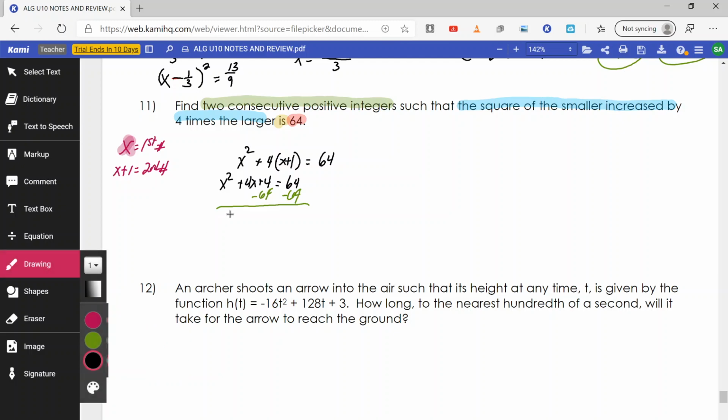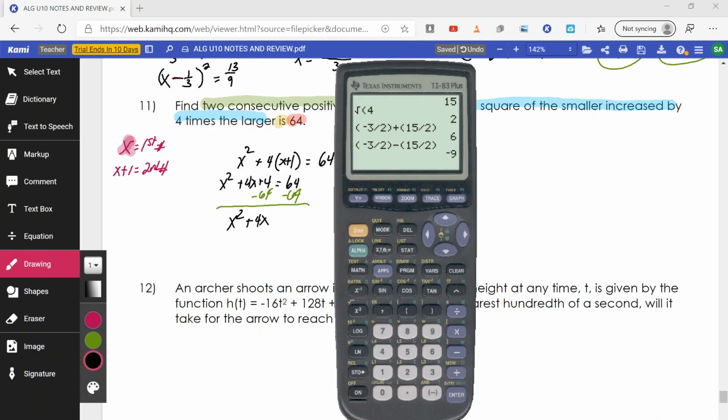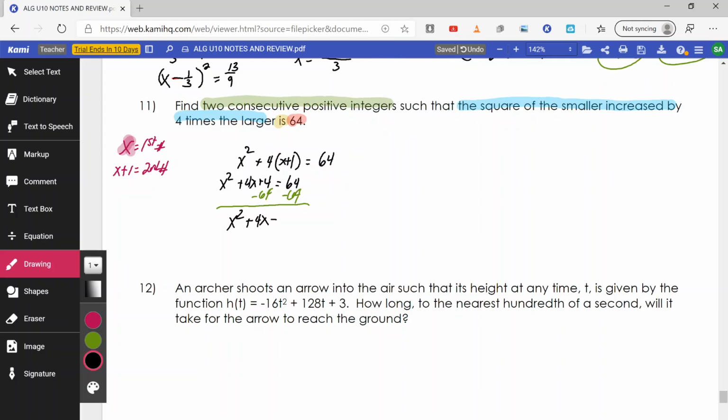So we end up with x squared plus 4x, and then 4 minus 64 gives me minus 60, equals 0.